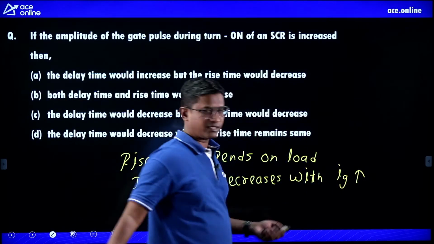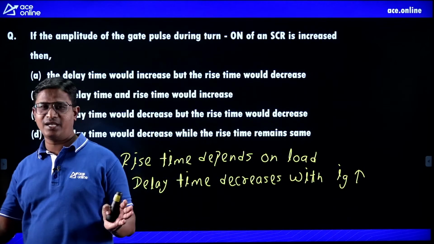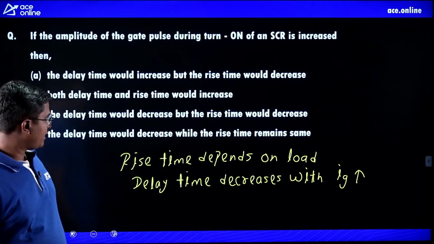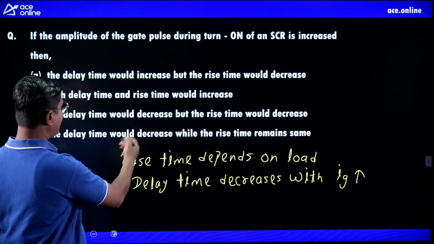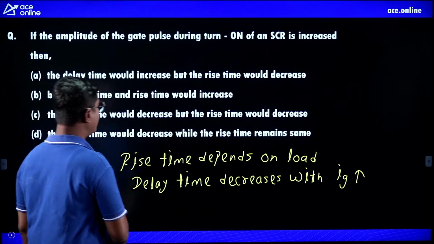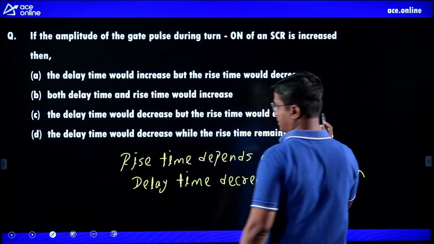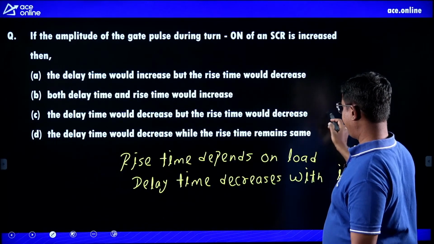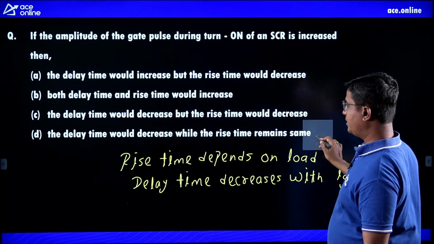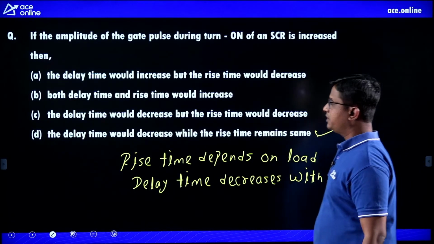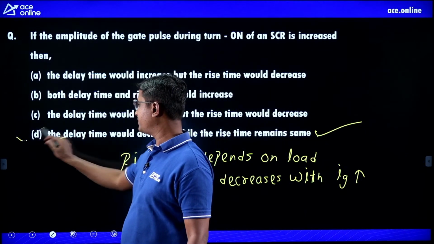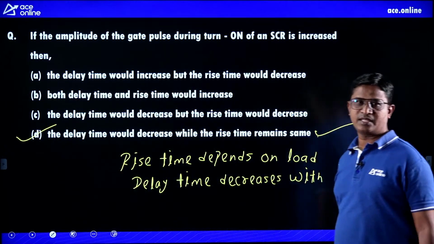So if you check the options, delay time would decrease while the rise time remains the same. Option D is the correct option.